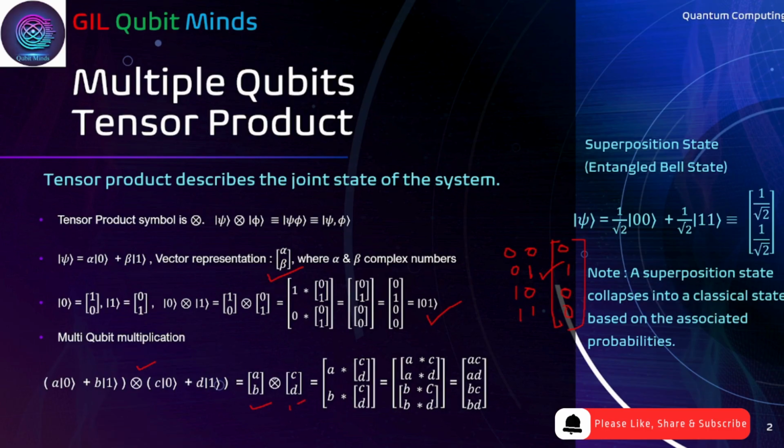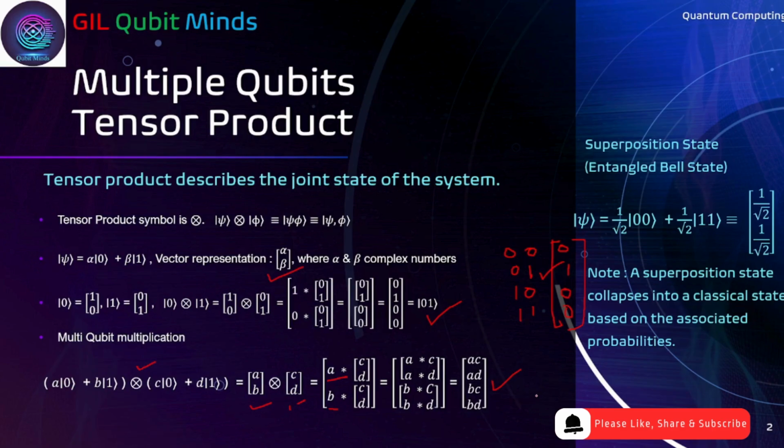We follow the same approach: each element of A is multiplied with the whole second vector, and likewise B with the second vector's elements. So the output will be A into C, A into D, B into C, B into D.